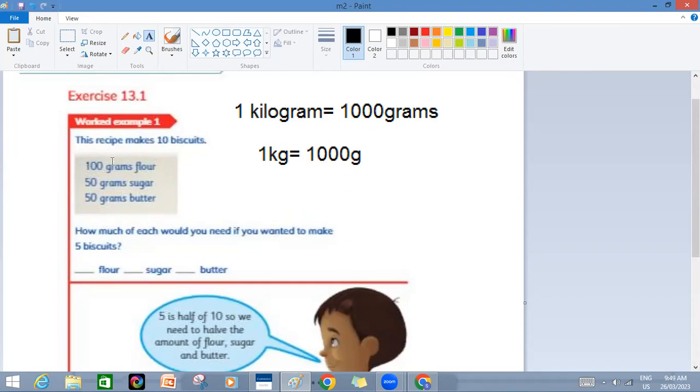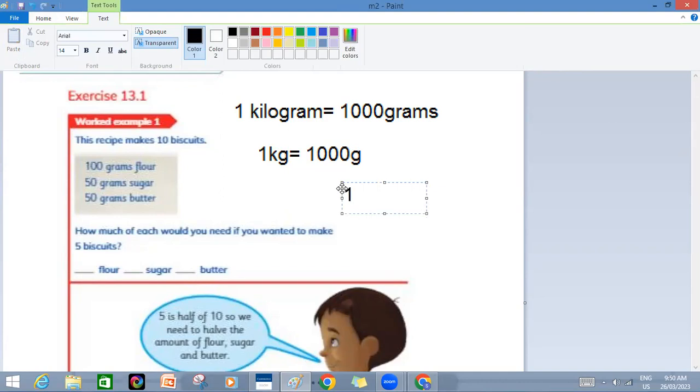Coming back to the question. We have 100 grams of flour. 10 is double of 5, so we have to write half of everything.